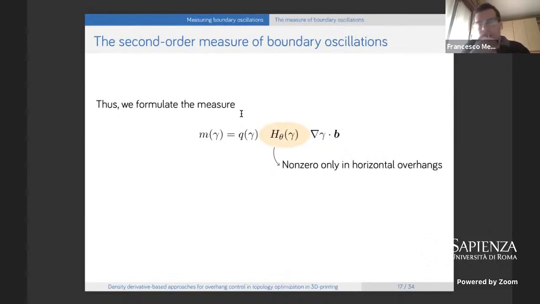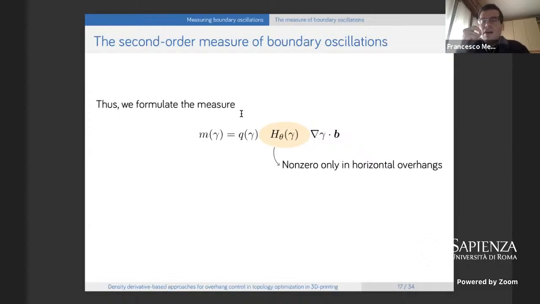H theta of gamma is a term used to detect the points that are in horizontal overhangs.